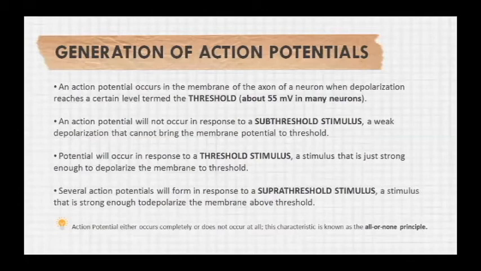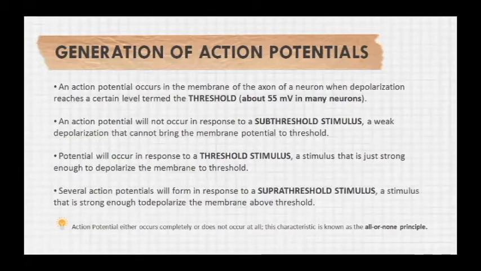Lastly, several action potentials will form in response to a suprathreshold stimulus, a stimulus that is strong enough to depolarize the membrane above threshold. This depolarization reaches above the normal threshold. Meaning, since it is much stronger than the normal threshold, it could generate several action potentials.